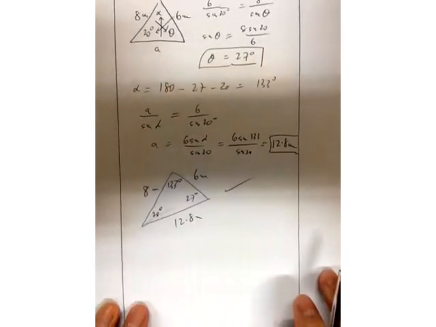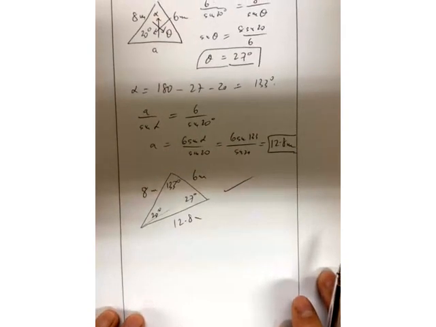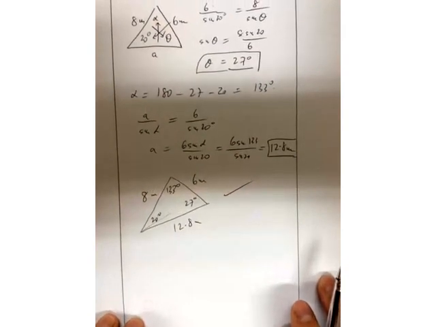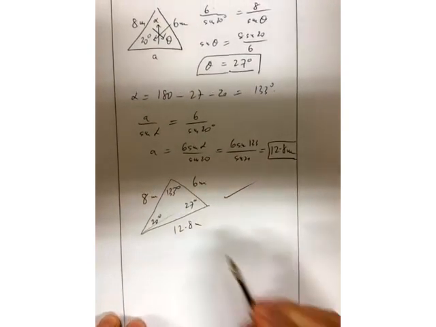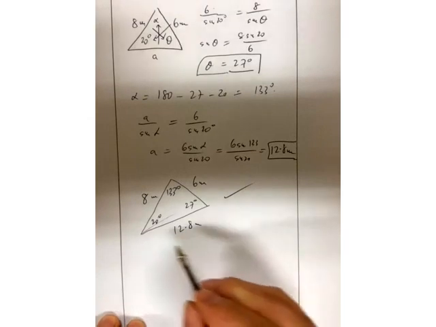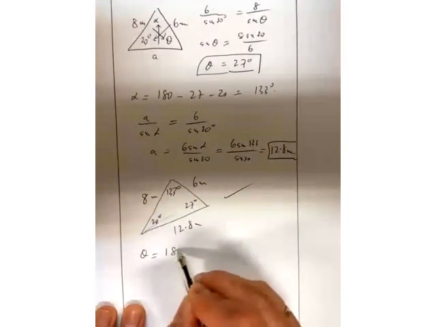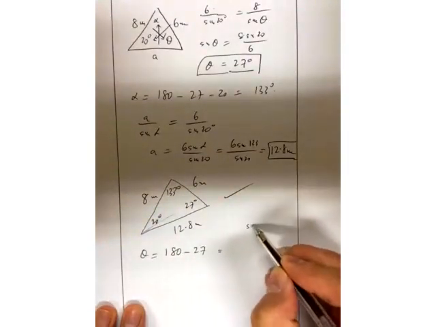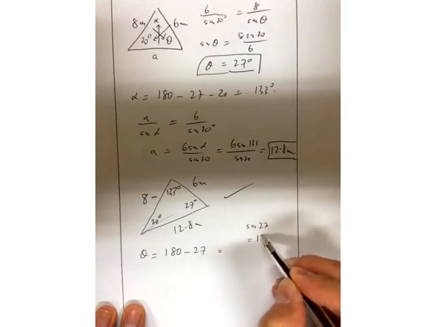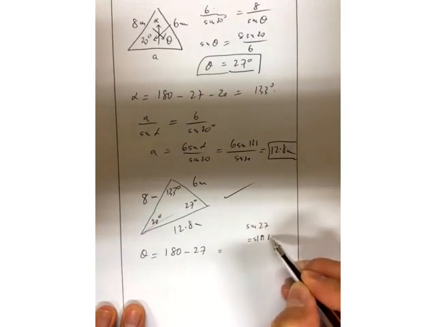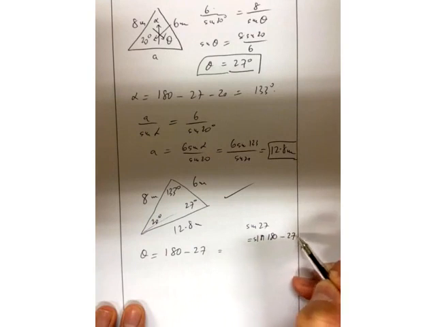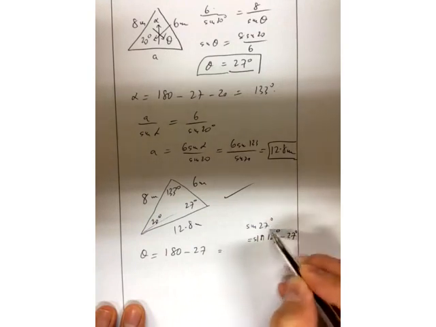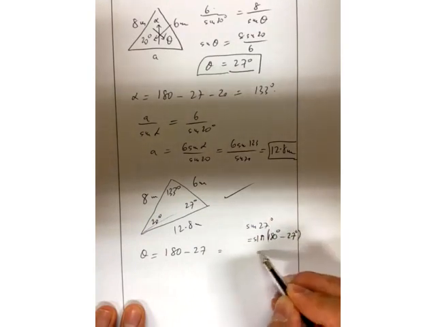Here's case 2, right? There's a little known fact that the theta you found can also be 180 minus 27. Why? Because sine of 27 is the same as sine of 180 minus 27, which is sine of 153.